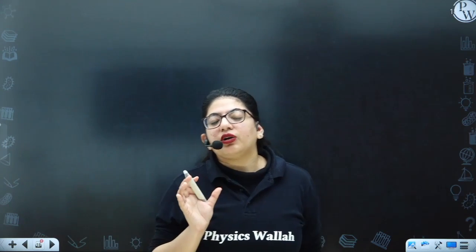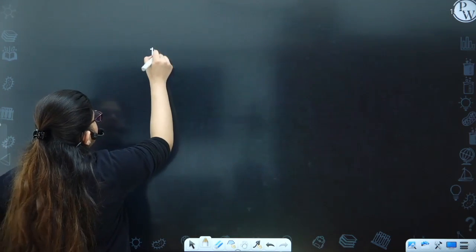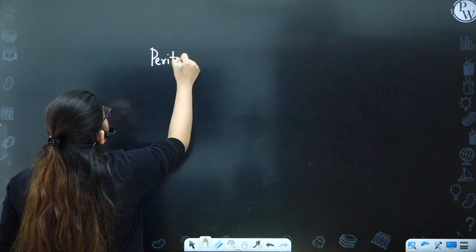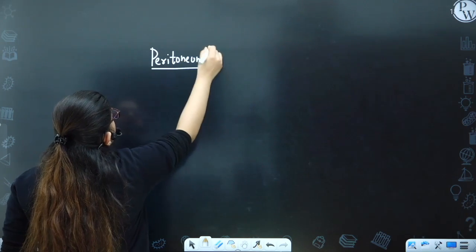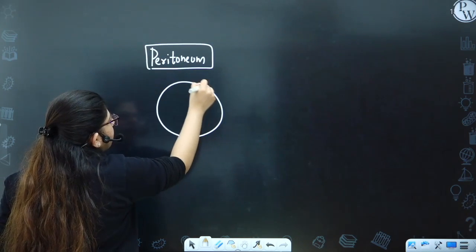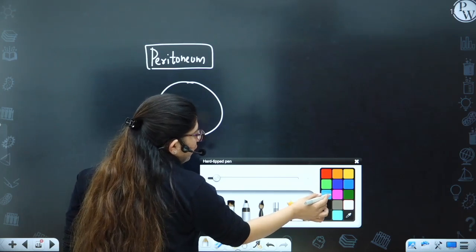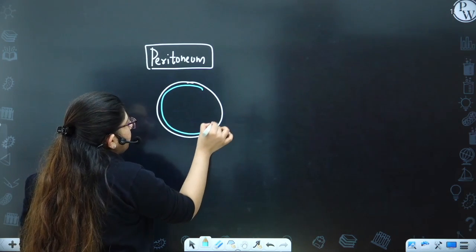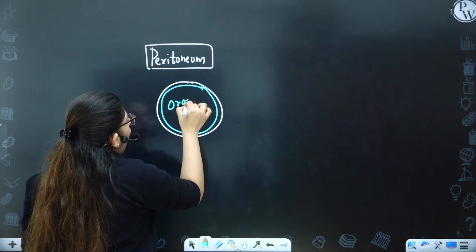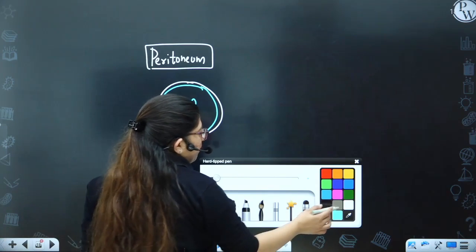So pleura is something which is known as peritoneum. What is a peritoneum? First of all, peritoneum is double layer membrane around the organ. If this is the organ, organs have double membrane coverings.